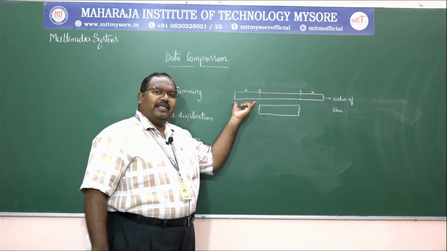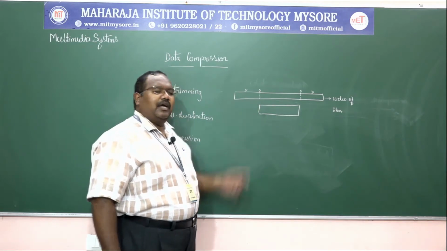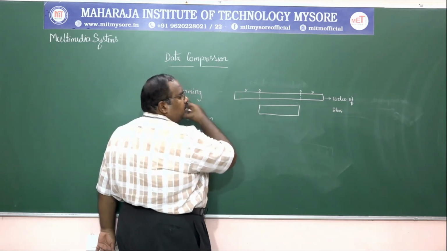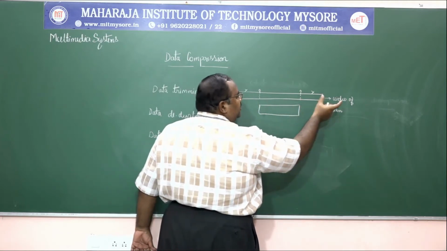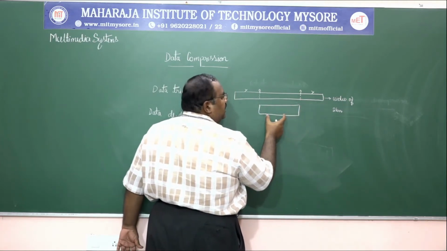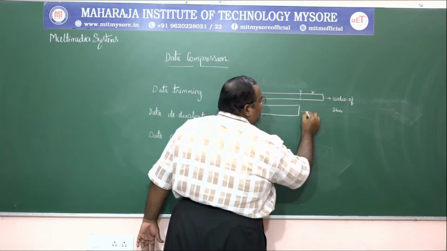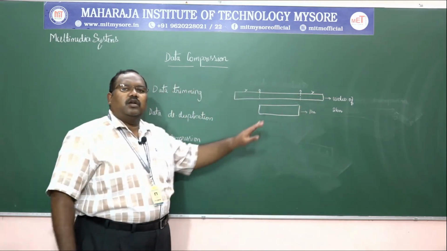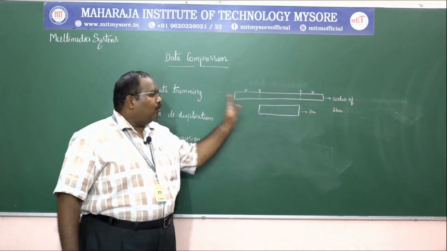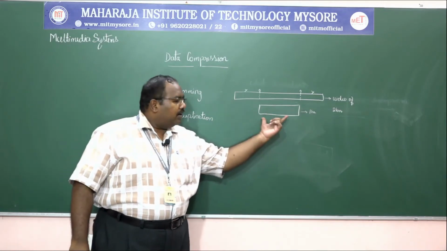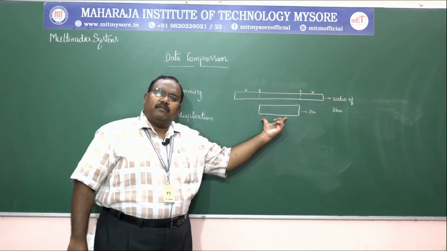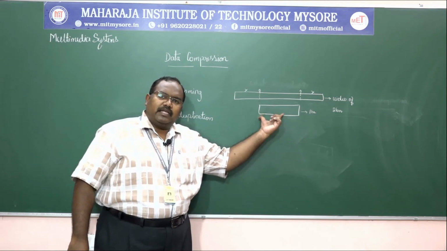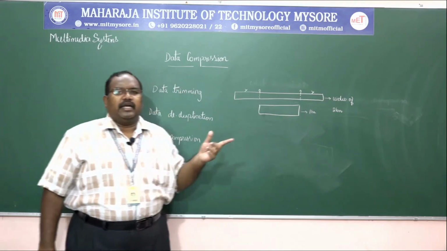Now I have edited and trimmed it. I have cut this portion and excluded it, and I have also excluded this portion. Now I have retained this portion, which is a video of 1 hour. This is called trimming. I have removed unwanted things and retained what is needed from the main data stream. This is called data trimming.